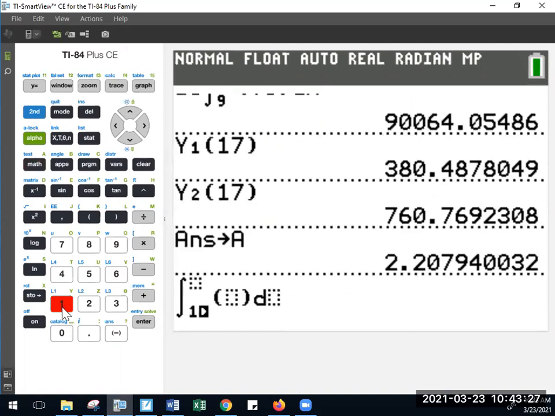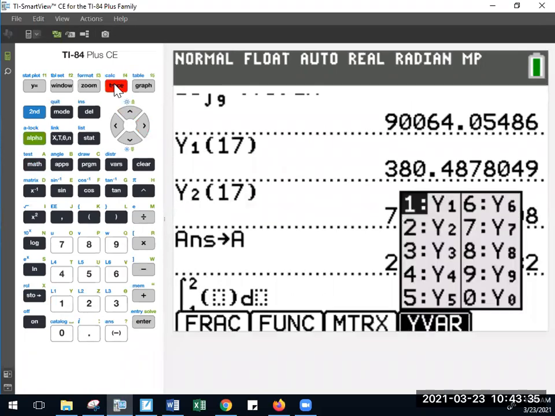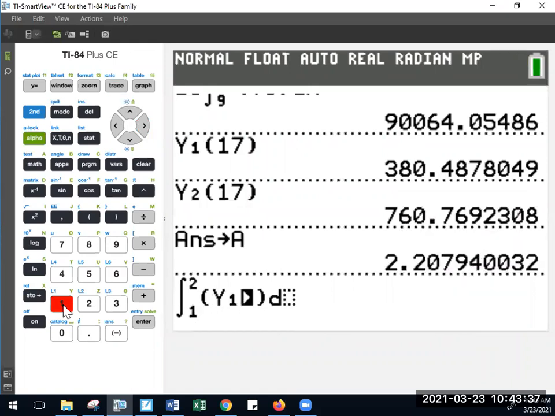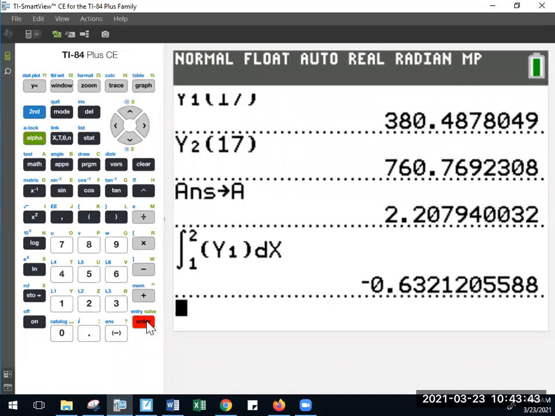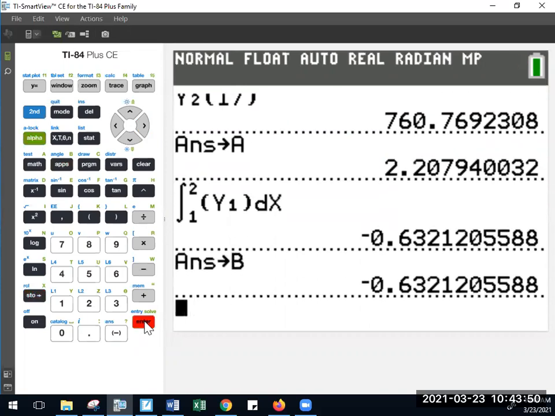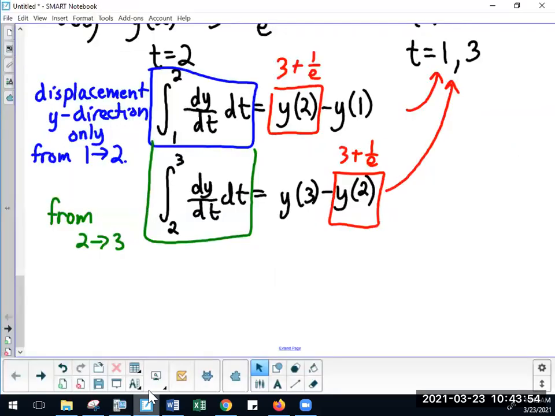So I want to integrate from 1 to 2. I typed that into y sub 1, I'm pretty sure. If not, I will fix it for you. Okay, so I got that. I'm going to store that just in case I need it. So 0.632 with a negative on it.